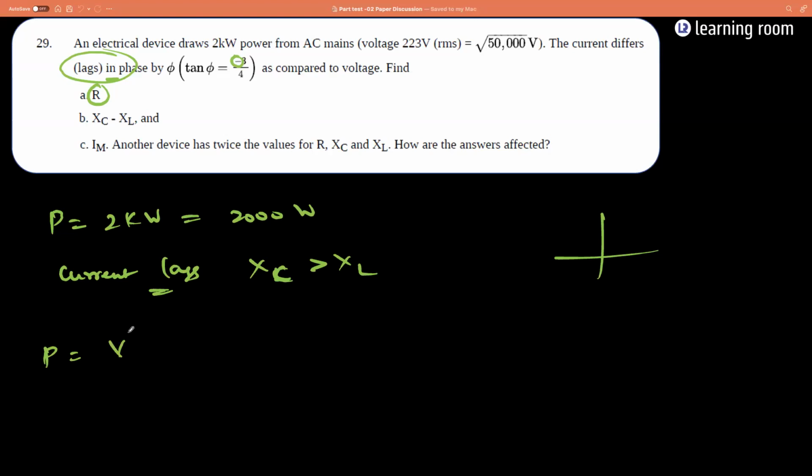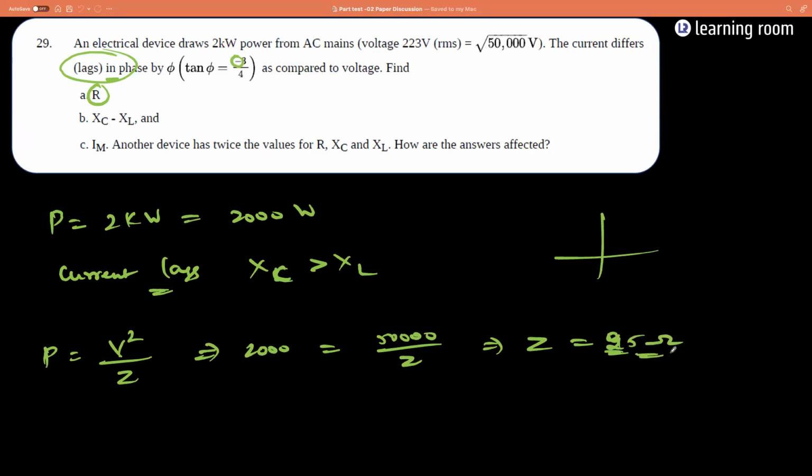Power is equal to V square divided by Z, because it's an RLC circuit. So 2000 is equal to V square, which is 50,000, divided by Z. So what will be the value of Z? It should be 25, sorry. So Z will be equal to 25 ohm. Am I right?